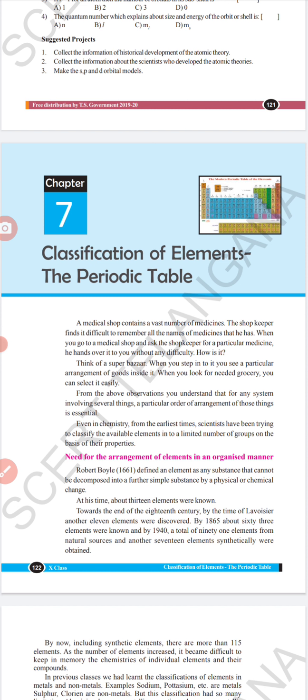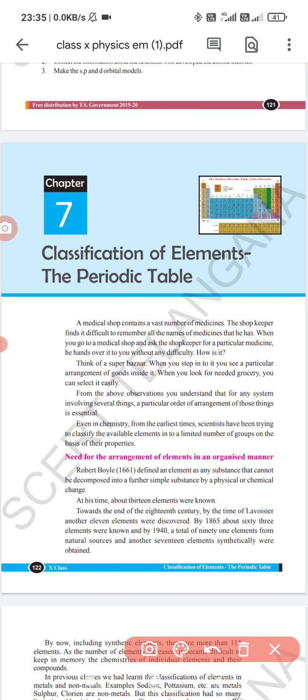In the same way, in our periodic table, you can see this is a periodic table. This periodic table has elements. These elements are not arranged randomly, they are arranged according to their properties.